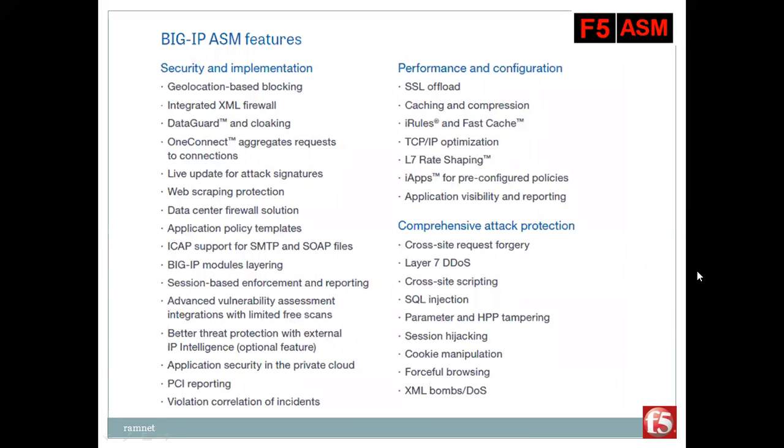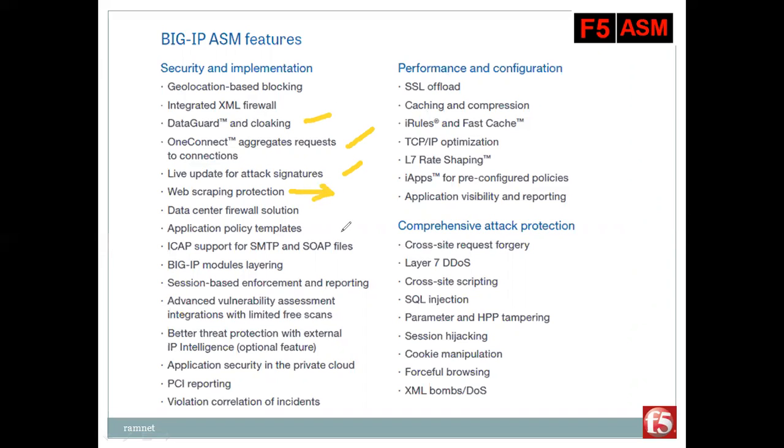Next, what are the features in BIG-IP ASM? When we are activating the ASM module in BIG-IP, we require a license for that. When we are activating that, what features will we be getting? Geolocation based blocking, integrated XML firewall, data guard and cloaking, OneConnect features, live update via attack signatures, web scraping, a very important one.